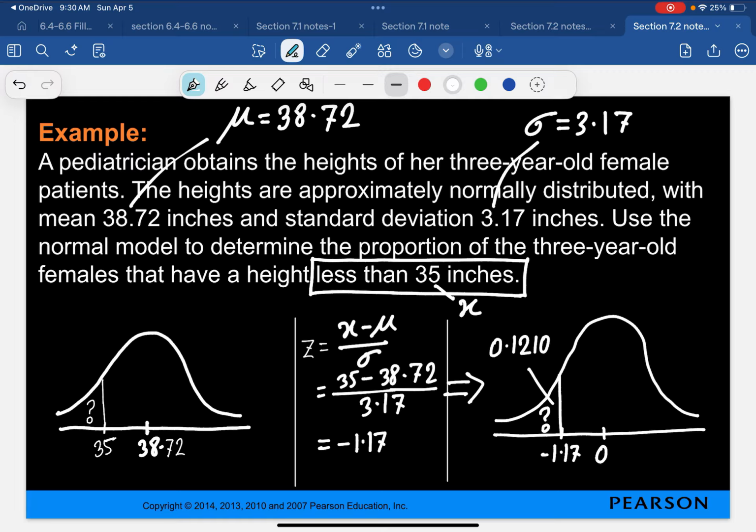Since they ask us for the proportion, you make this a percentage. When you convert this to a percentage, the final answer would be 12.10%. Okay, that's the thing.